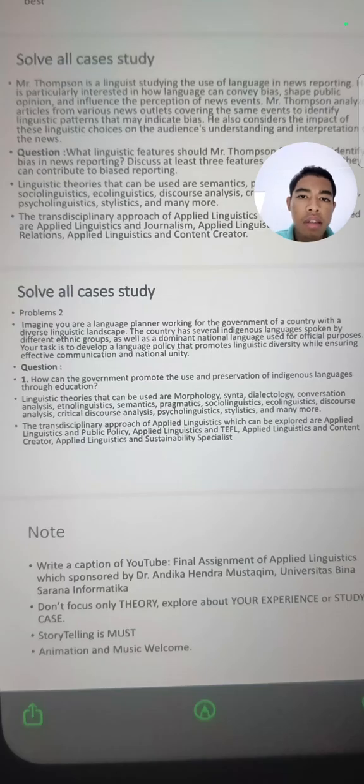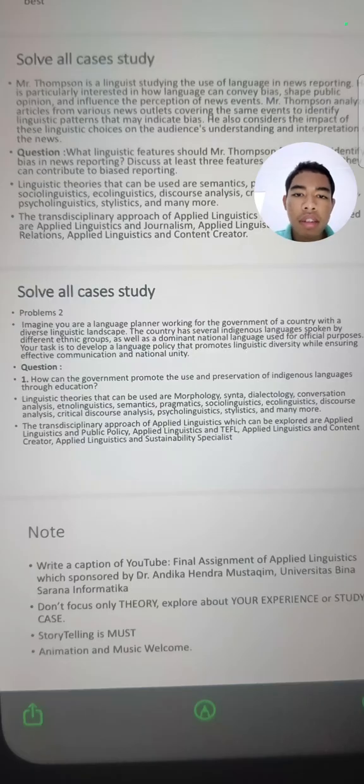Next, solve all case studies. Problem number two. Imagine you're a language planner working for the government of a country with a diverse linguistic landscape. The country has several indigenous languages spoken by different ethnic groups, as well as a dominant national language used for official purposes.